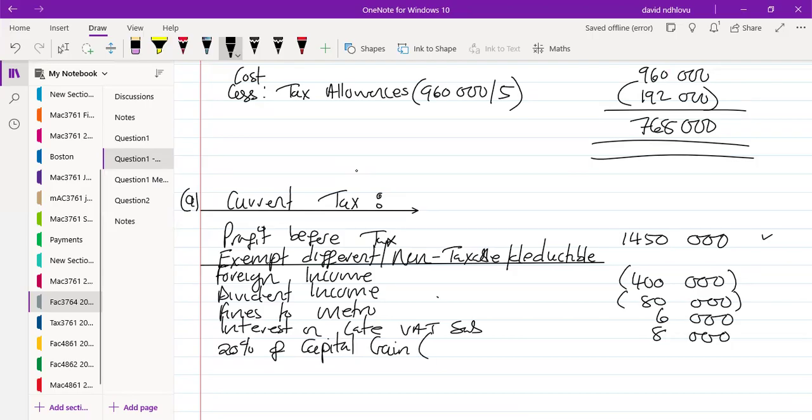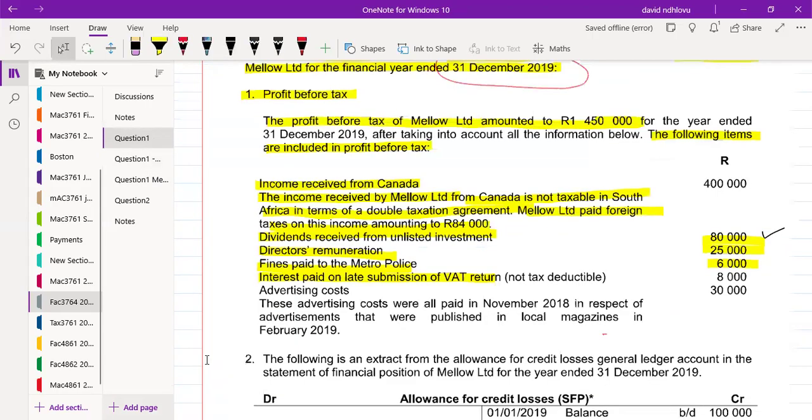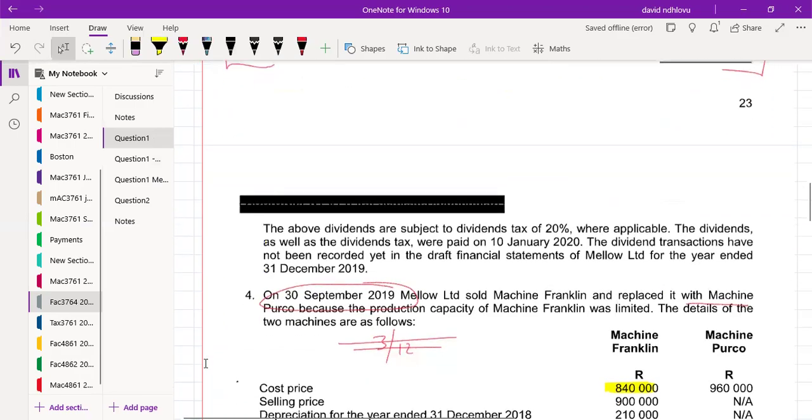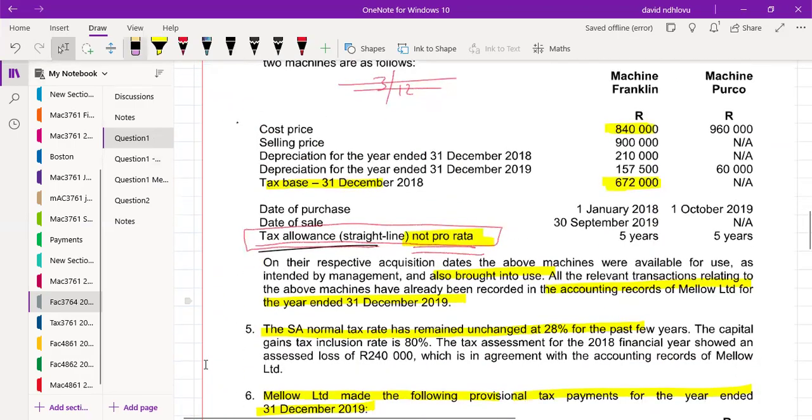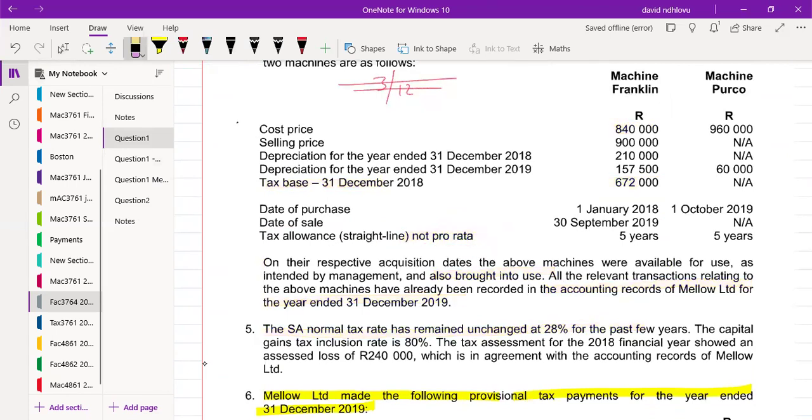We did sell an asset, which is the machinery. So you must double check if there was a capital gain or not. A capital gain will only exist if the selling price exceeded the original cost of the asset. The asset was bought for 840,000, but it was sold for 900,000.